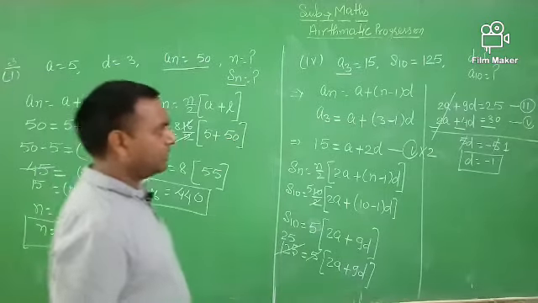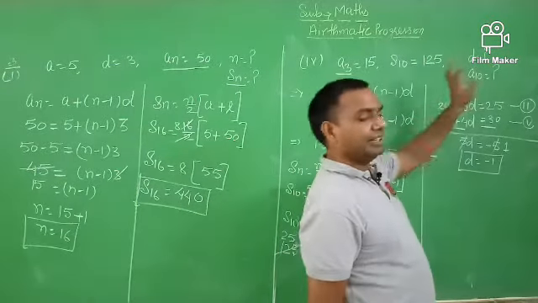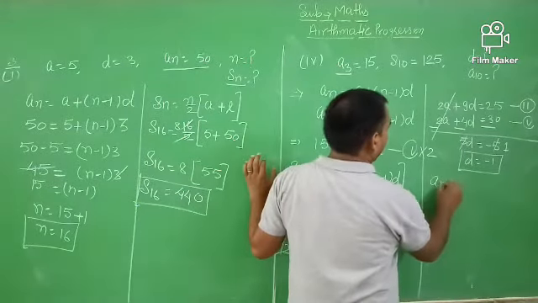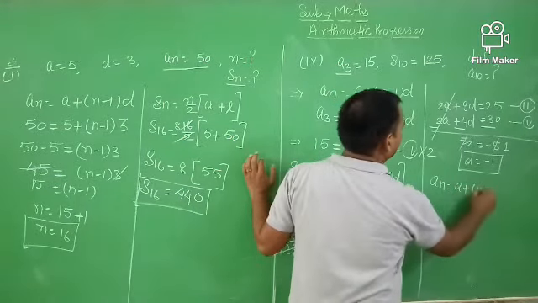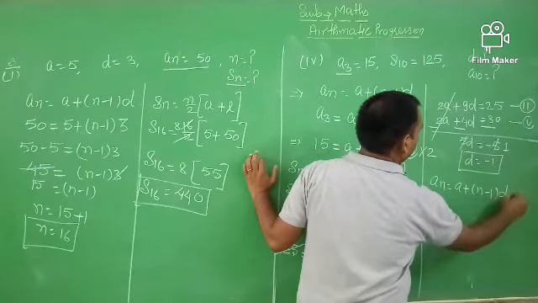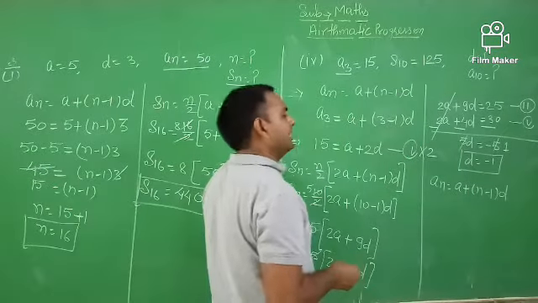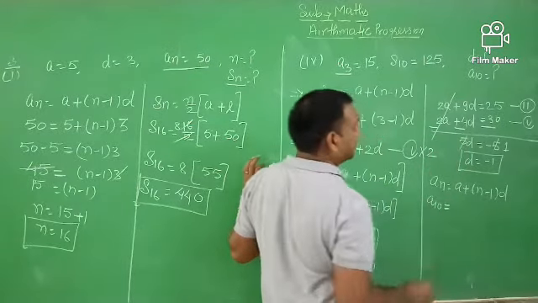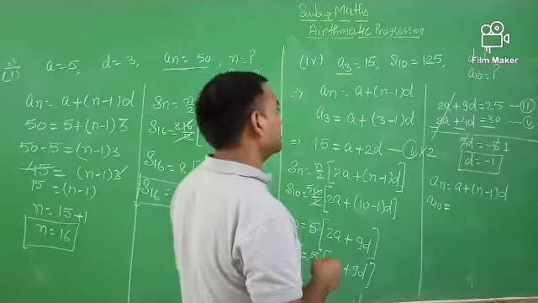In the second condition, you find the value of A10. It means you apply the formula An. Here An is equal to A plus n minus 1 into D. Because it is A10, the value of n is 10. A means first term.